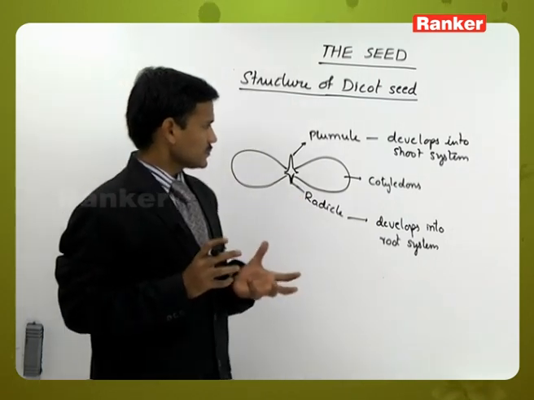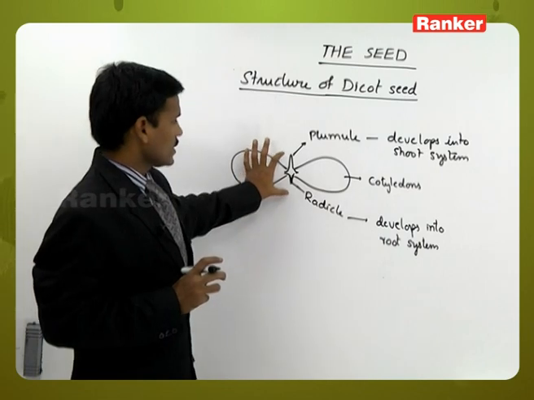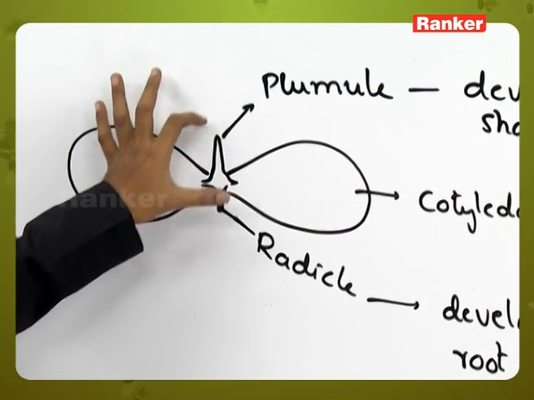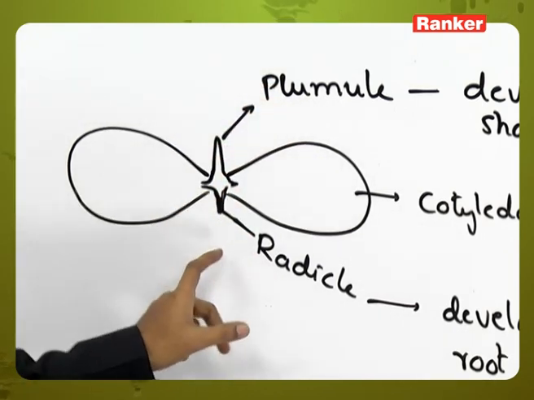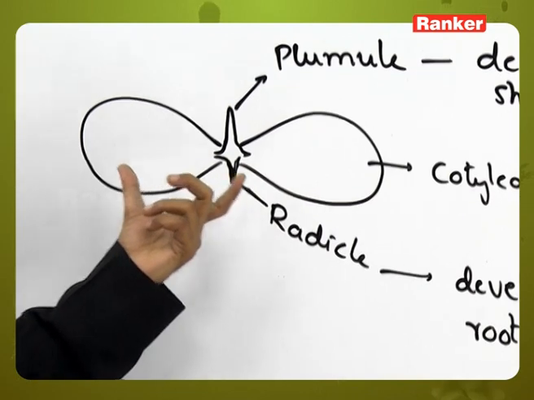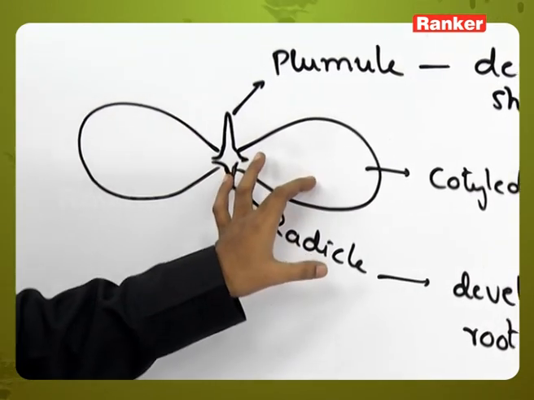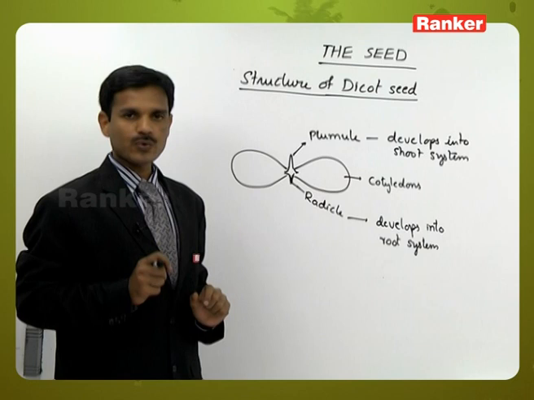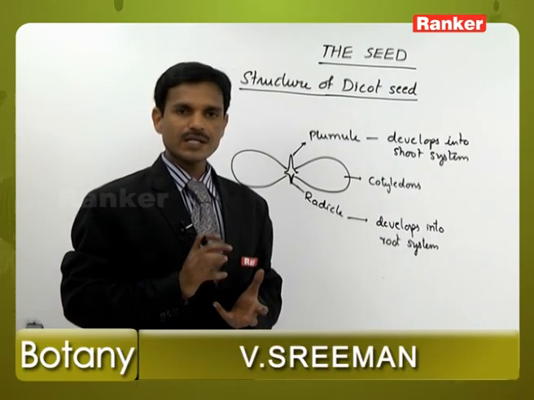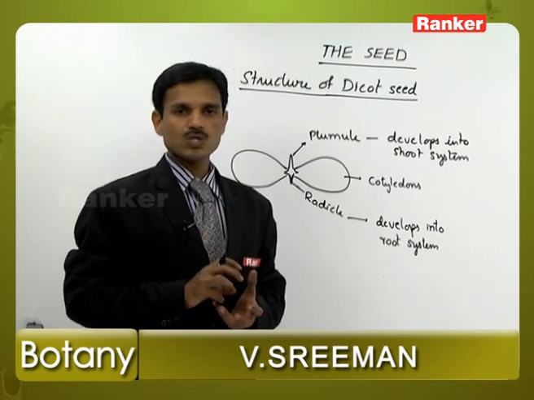The plumule and radicle are not covered by any sheaths. The plumule develops into the shoot system, the radicle into the root system. The two cotyledons are rich in nutrients or sometimes proteins. Generally in the seed, endosperm is also present.